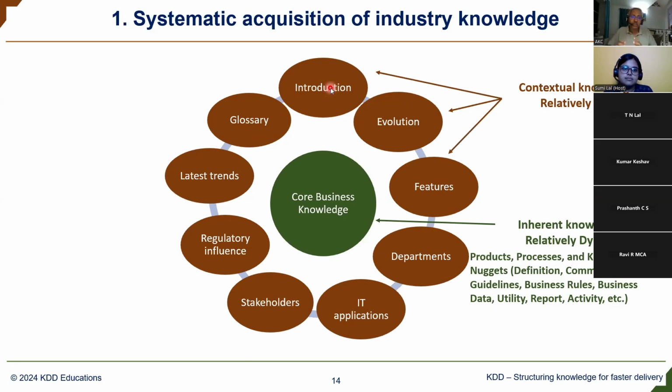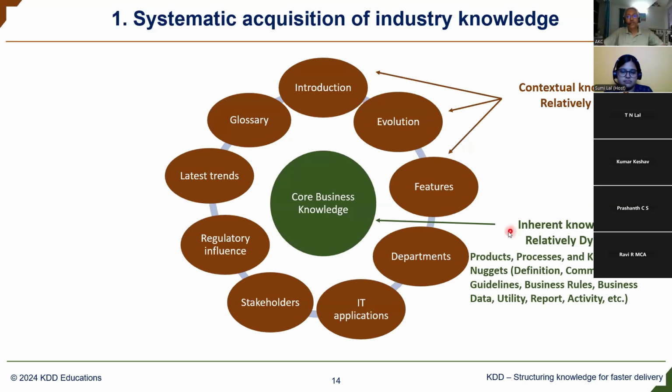The good thing about this knowledge is that it is relatively static. When I say relatively static, I mean it won't change every week or every month. Some things will get added, some things will get modified, maybe in a few years' time, but it will not change substantially every month or every quarter.